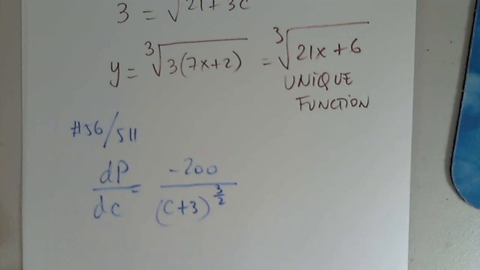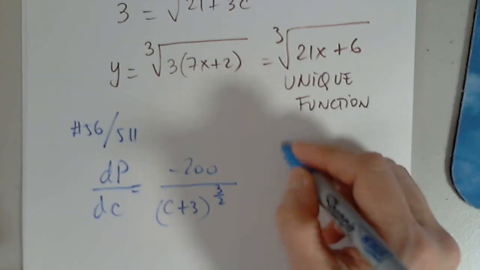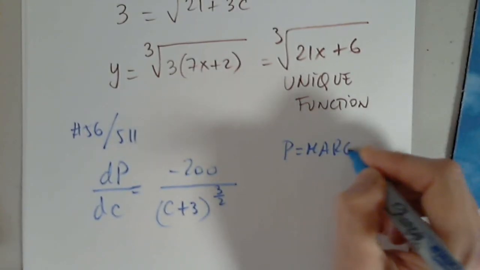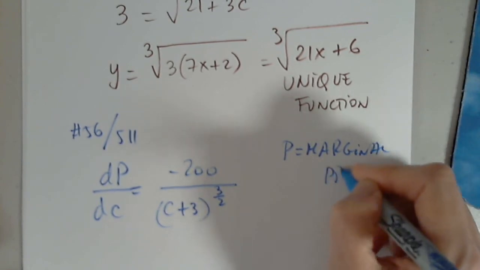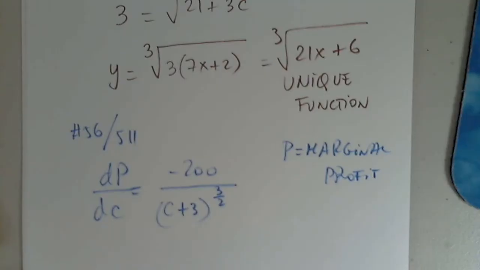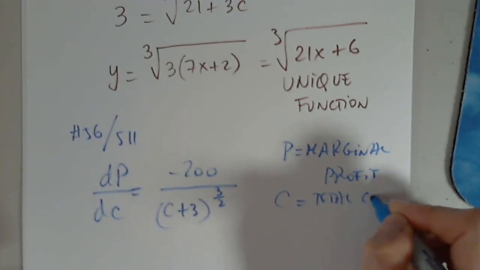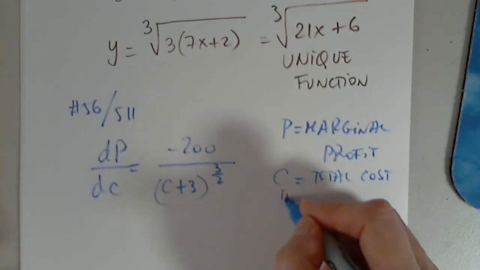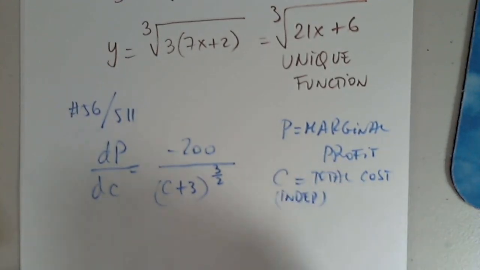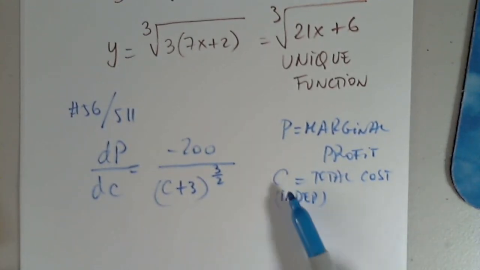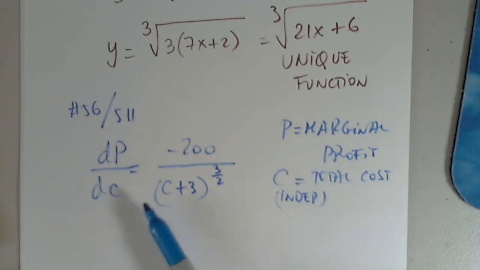We have a company's marginal profit, so P, marginal profit, as a function of its total cost, C. This is the independent variable, playing the role of x, and this is the function. And we are given a differential equation here.